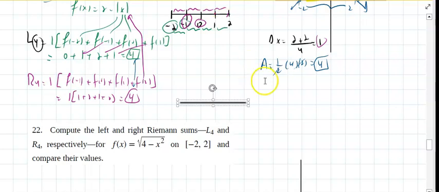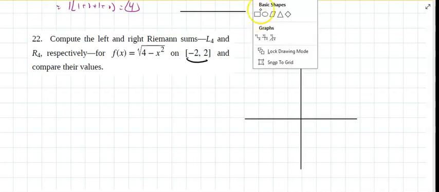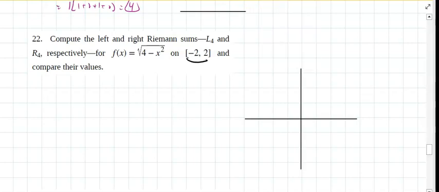And how about this problem? Well, the same deal. If I look at this, they're breaking this again from negative 2 to 2. That's not bad. And they're doing 4 subintervals as well. So we're going to do that again.